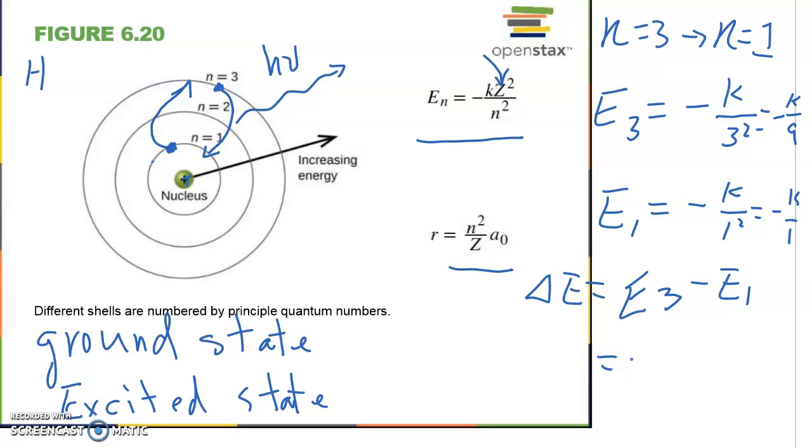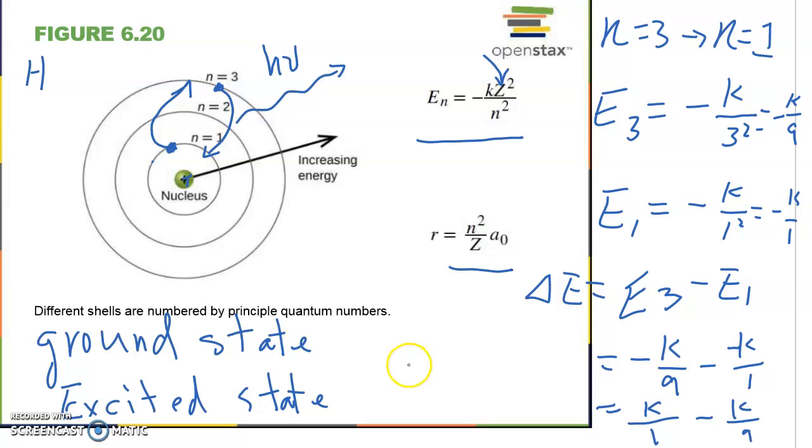So that is equal to negative k divided by 9 minus negative k divided by 1. Minus minus, because there's a minus here. So I can flip this term. Minus a negative number is the same as a positive number. So it's k divided by 1 minus k divided by 9. That would be the delta E.